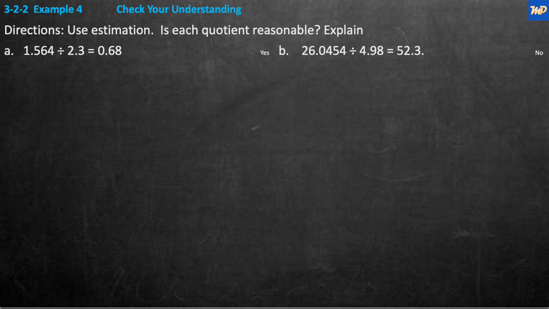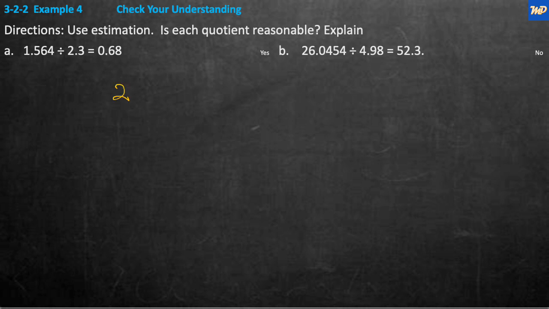Okay, now that you've had the time to do them, let's do A together. So we want to know, is 1.564 divided by 2.3 equal to 0.68 a reasonable answer? First thing we're going to do is round the divisor down, from 2.3 down to 2.